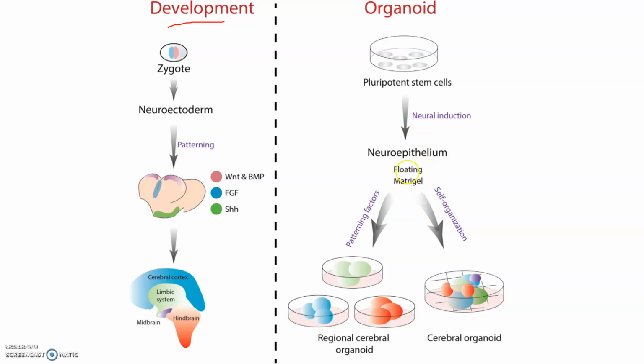One of the most used is the neural induction of pluripotent stem cells, either embryonic or induced pluripotent stem cells. These cells can be either floating or suspended in Matrigel. For this case, the authors used the floating method, for which they developed a new bioreactor, and this will lead to self-organization of the cells, hopefully.